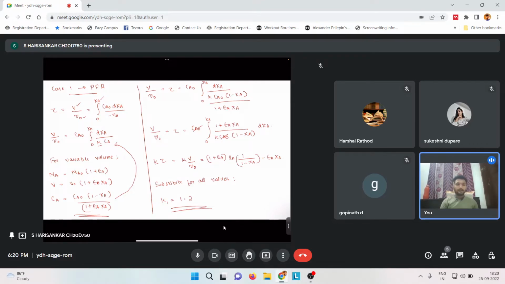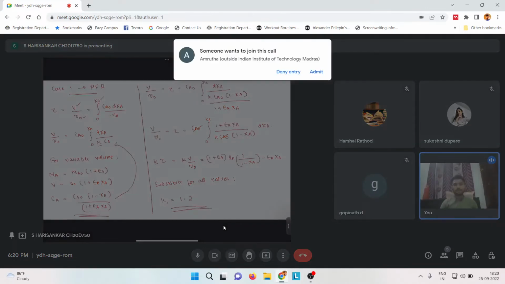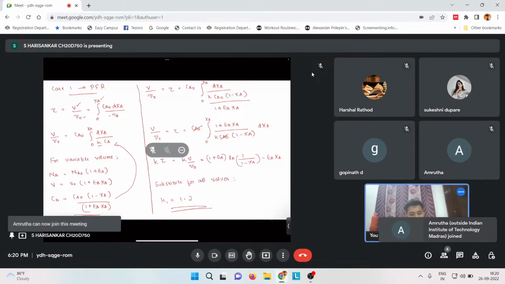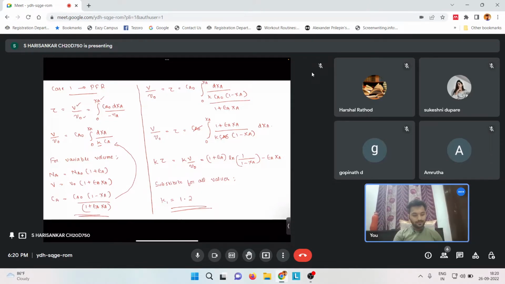Now again, this is a gas phase system, so we need to accommodate epsilon as well in the equations. So the design equation will become V by nu 0 equal to CA0 into the integral from 0 to XA of dXA by K CA, and this CA will be CA0 into (1 minus XA) by (1 plus epsilon A XA).